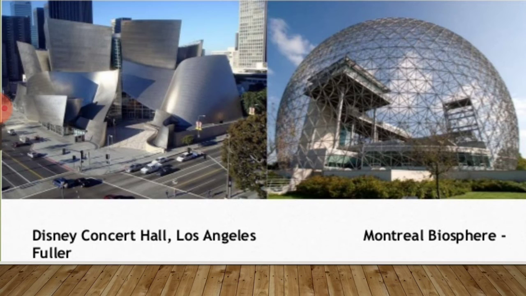The Disney Concert Hall in Los Angeles and the Montreal Biosphere. So as you may have seen, apart from very good properties, tensile as well as compressive strength, they have a very good appearance. They give a very nice aesthetic appearance to the buildings.